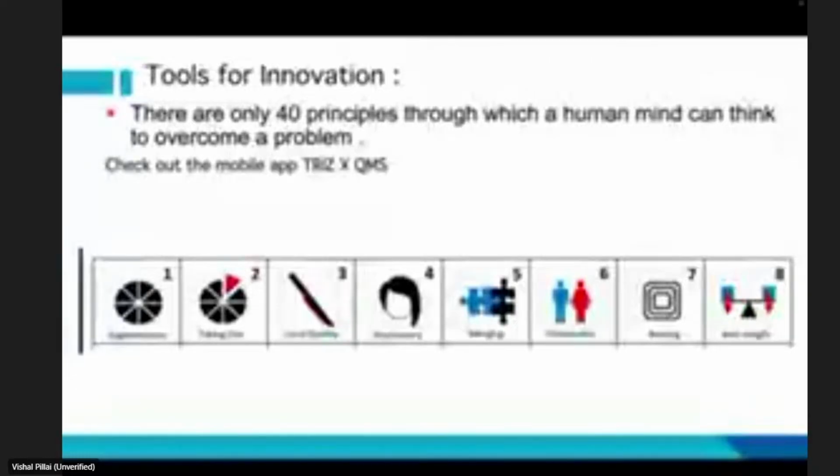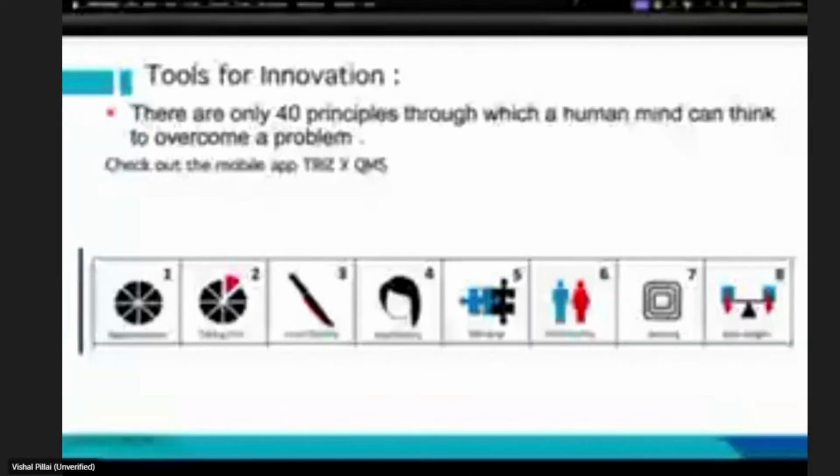Now these are simple. When you download the app, you will be able to see these symbols, which are the 40 principles. What you should do is go into each of these symbols and understand what that is.